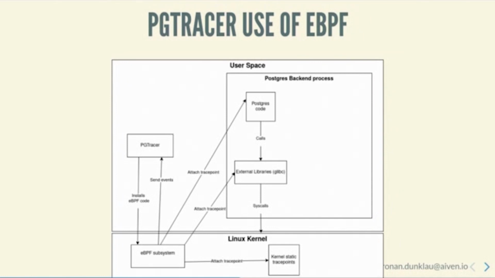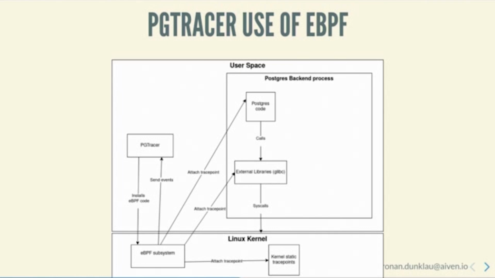So to summarize, this is how it works. We have a user space program, PGTracer, which needs to be run as root because of limits on what you are allowed to do or not with the eBPF subsystem. So whenever you run this script, it will install an eBPF program into the Linux kernel, load it, and attach this program to different functions in Postgres, in the glibc, in the kernel itself.